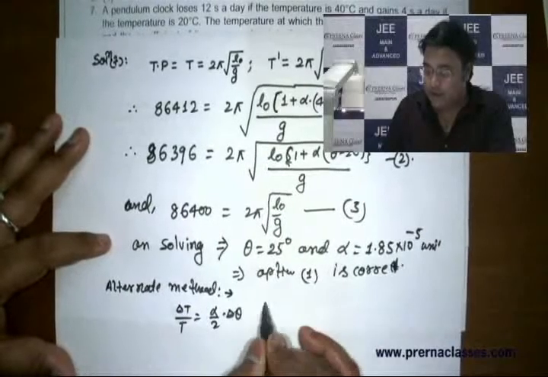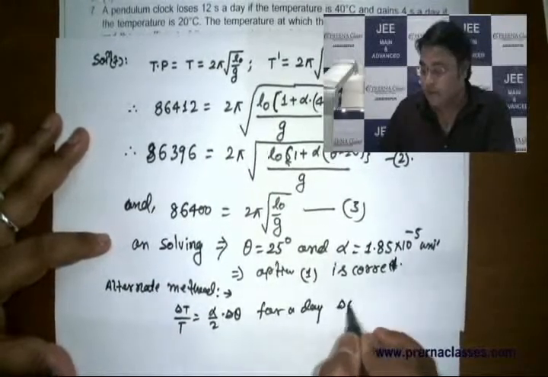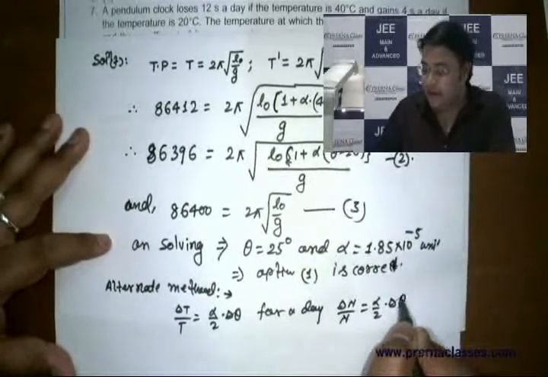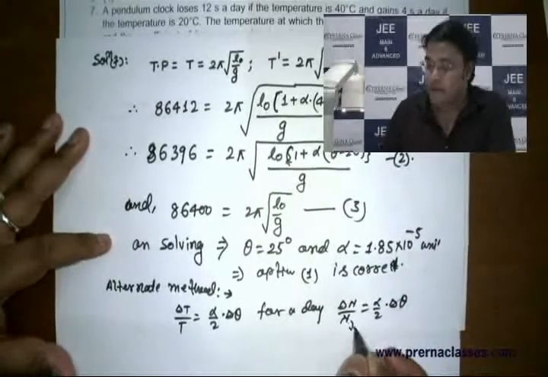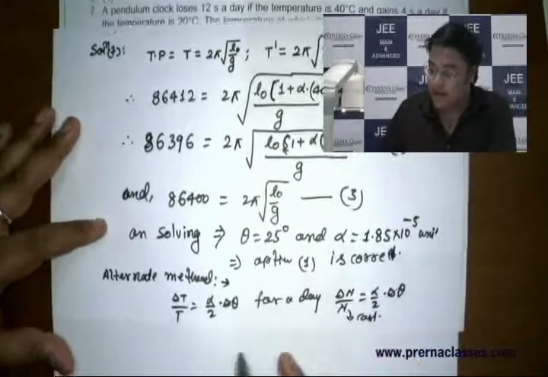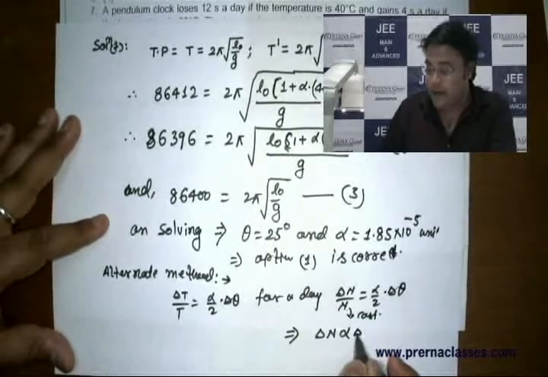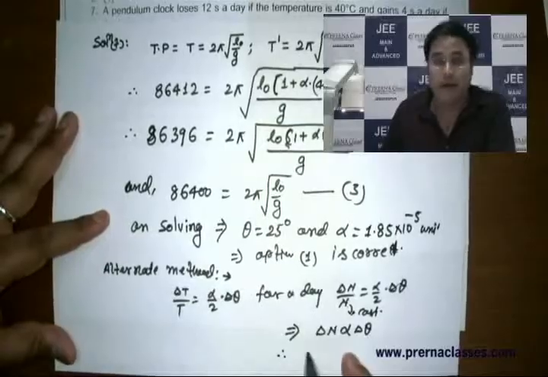As you know, delta T by T is equal to alpha by 2 into delta theta. So for a day, delta n by n is also equal to alpha by 2 into delta theta. Clear? Here n is constant. That implies delta n is directly proportional to delta theta.